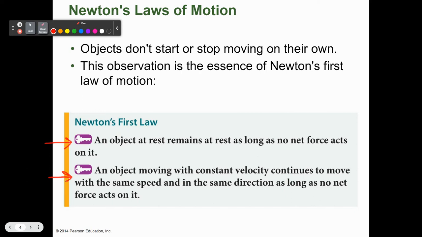As long as the object is moving with a constant velocity, it will continue to move with that same speed and in that same direction as long as there's no other force acting on it. So if something's already moving, it will keep moving at the same speed and in the same direction, which means constant velocity, until another force acts on it.